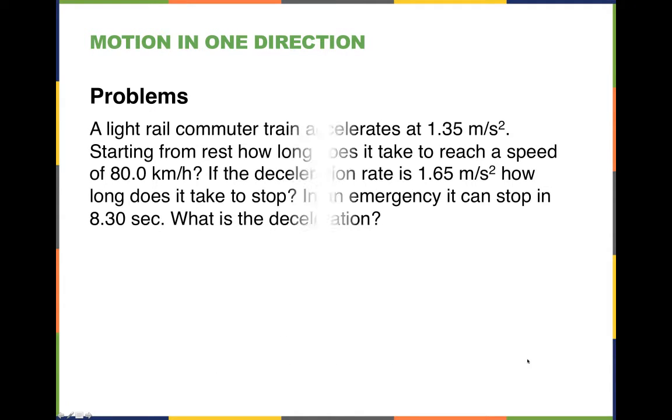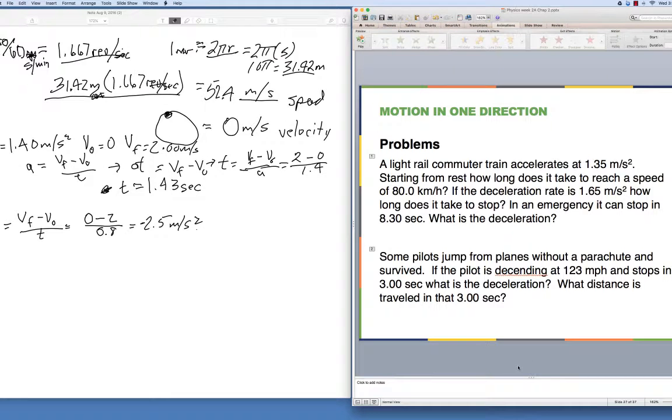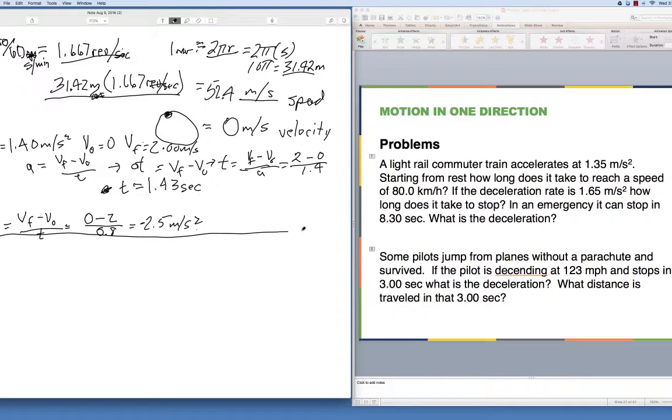Okay, so let's do a couple of example problems. The first one. Draw a little line here.